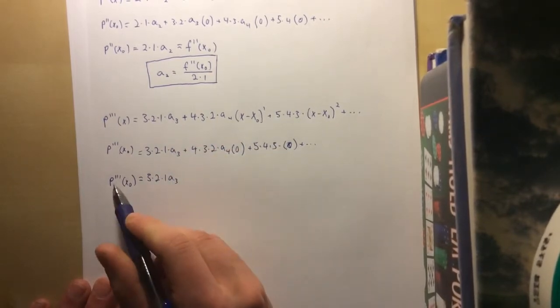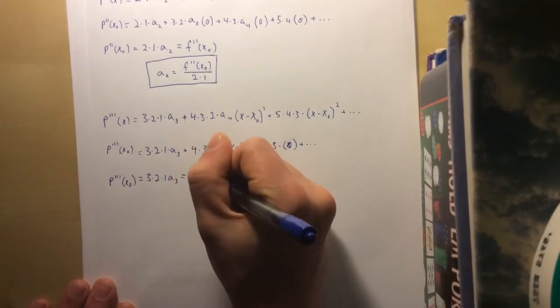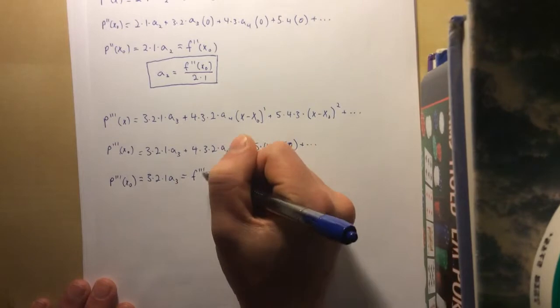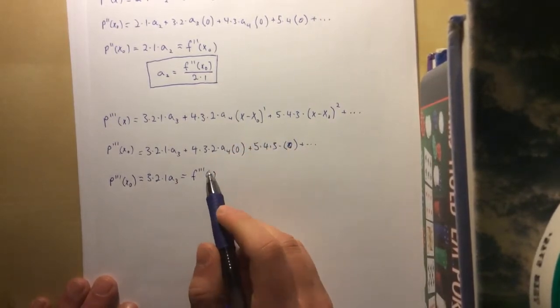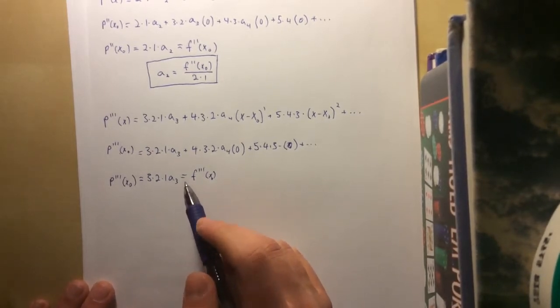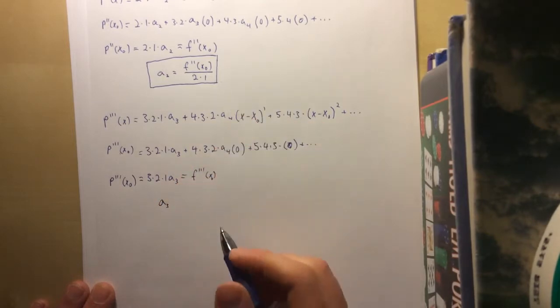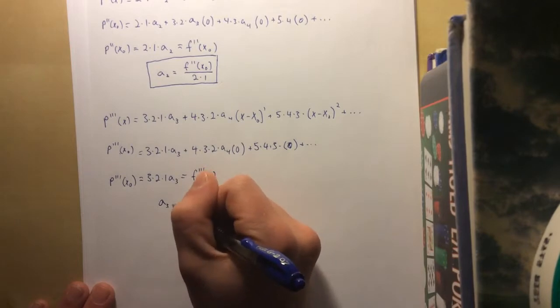And remember that our representation is equal to our function. So the third derivative of f at x naught is equal to 3 times 2 times 1 times a sub 3. And we want to solve for a sub 3, because in the end we want to go back to our function and plug these constants in.